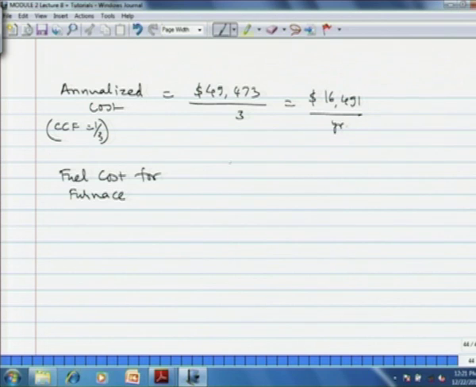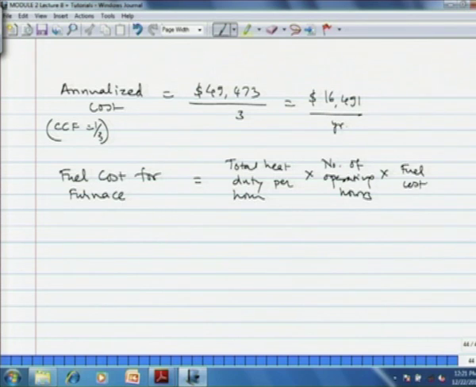The fuel cost of the furnace will be the total heat duty per hour into the number of operating hours into the fuel cost divided by the efficiency. Okay. So, now we substitute all values that we have.